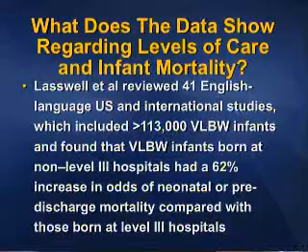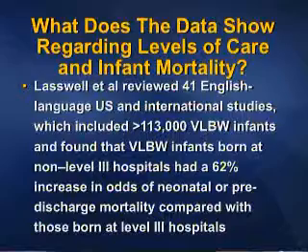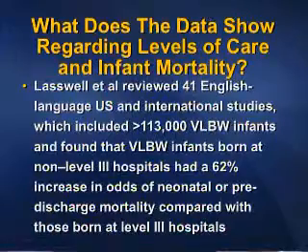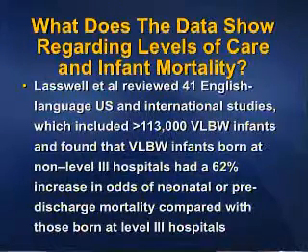This was published by Lassville, and he reviewed 41 published papers, okay? The majority of these papers were good quality papers, and they looked at greater than 113,000 babies, okay?